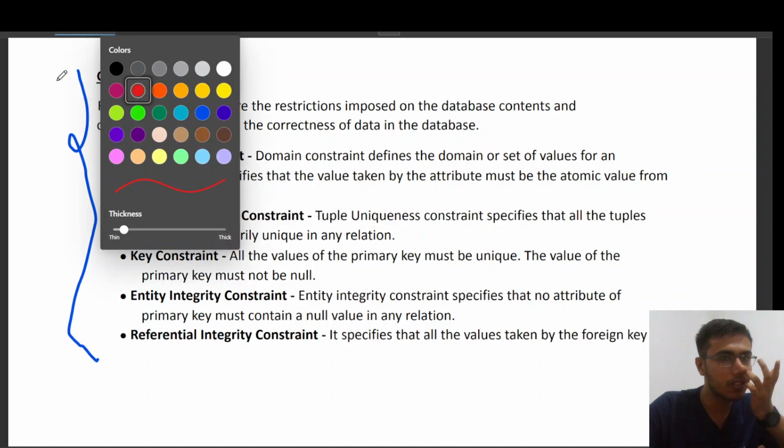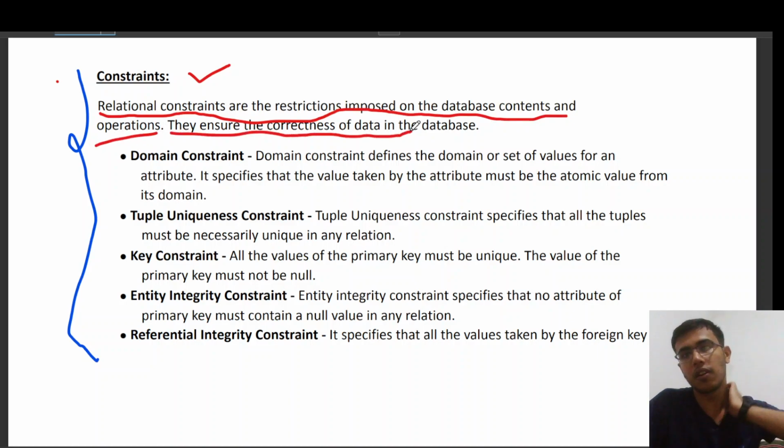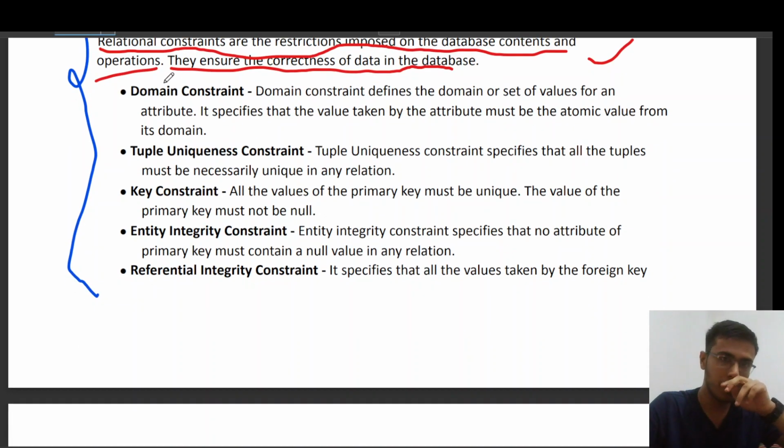So what are constraints? Relational constraints are the restrictions imposed on the database contents and operations. They ensure the correctness of data and the database, right?